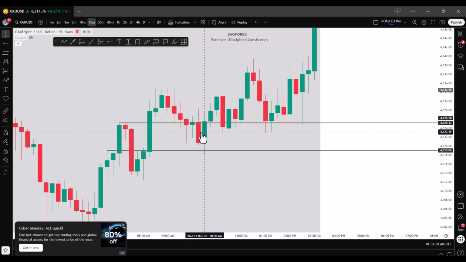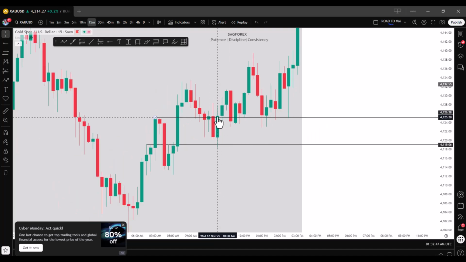We want to see full bodies of candles below the line of neutrality. Once that showed up, we then expect price to move and close above our line of neutrality, and that is exactly what happened over here. Price closed right above over here.